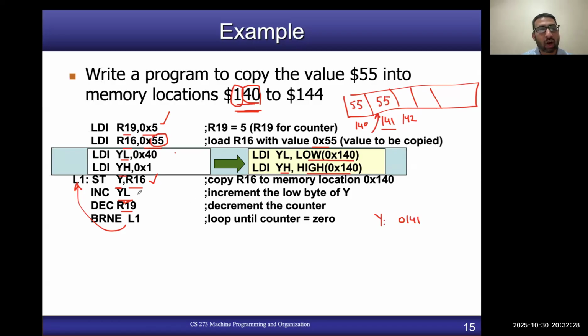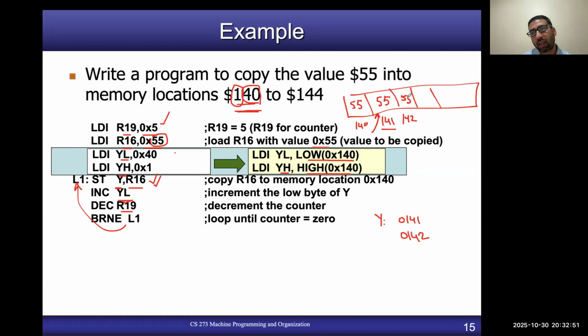And then you say, okay, now increment YL. So it will become 0142, right? And now you decrement R19 just to check if you need to stop looping or not yet. So you go back. Again, you are saying put R16 in Y. So it will place 55 here.